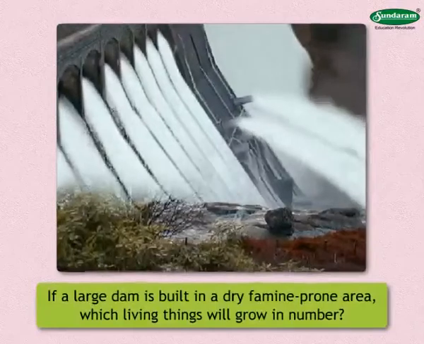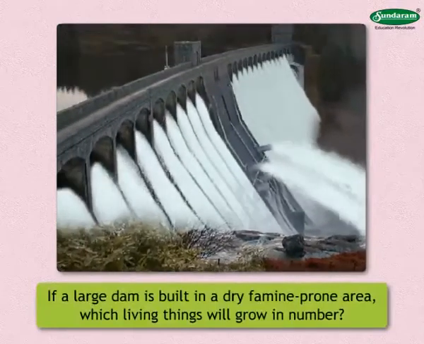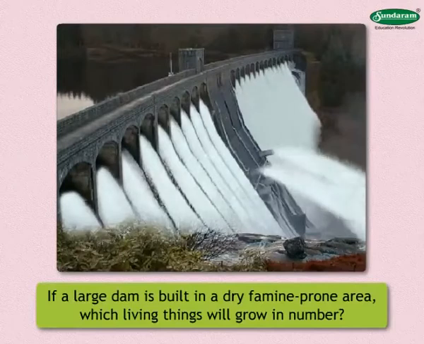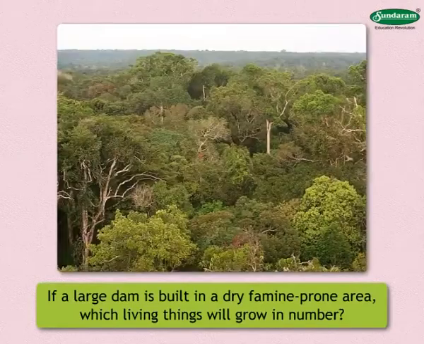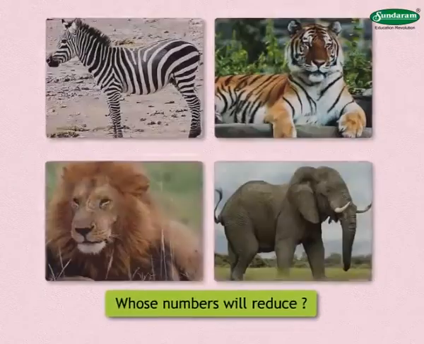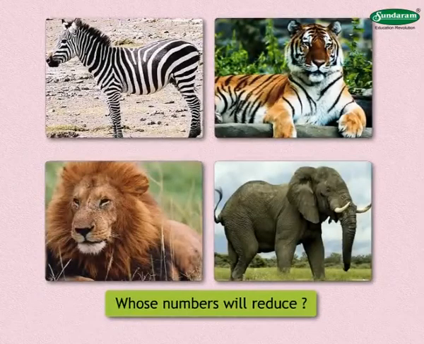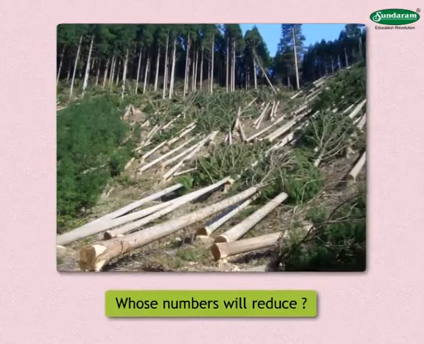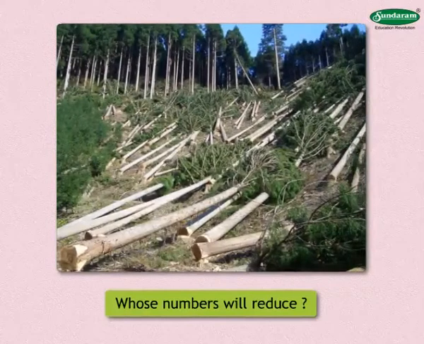If a large dam is built in a dry, famine-prone area, which living things will grow in number? Plants will grow in number. Whose numbers will reduce? Wild animals may face extinction, vegetation and forest will be lost, people may get displaced.